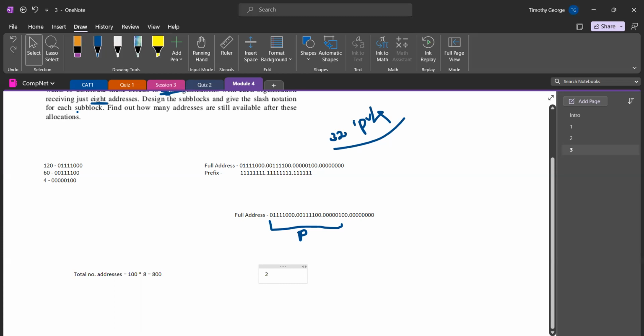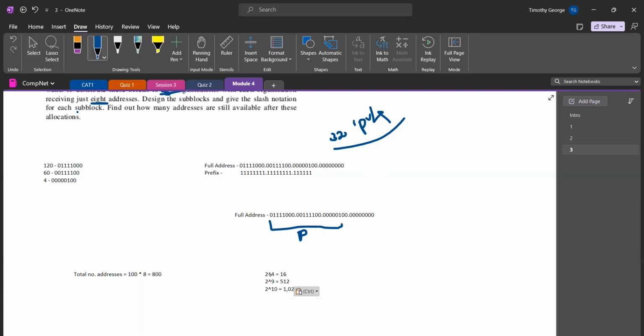So we know that 2 raised to 4 is 16, that's not enough. 2 raised to 10 is 1024, and 2 raised to 9 is about 500. So we need 10 bits.